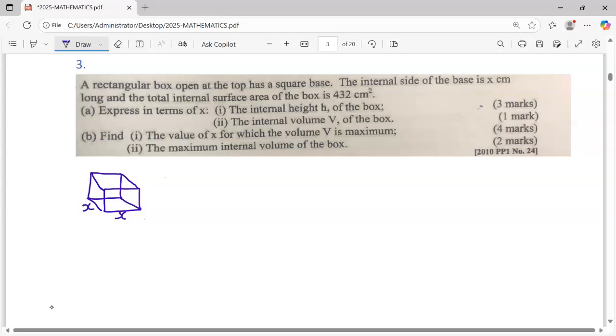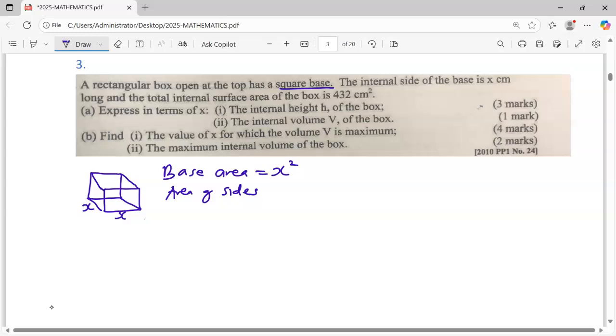That means if x is our length, the width is also going to be x since the base is a square. We can start by getting the base area, and the base area is going to be given by x times x, which is going to give us x squared.